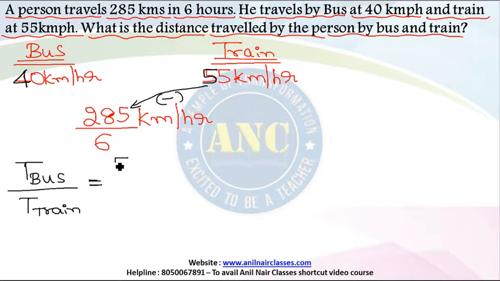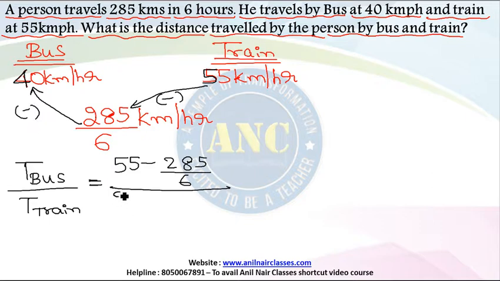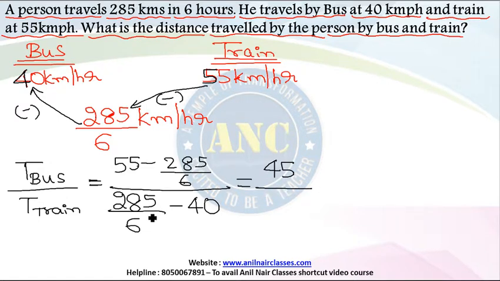This is 55 minus 285 by 6, divided by 285 by 6 minus 40. If I simplify further, 55 into 6 is 330, minus 285 is 45 by 6, divided by 285 minus 6 into 40, which is 240, again 45 by 6.